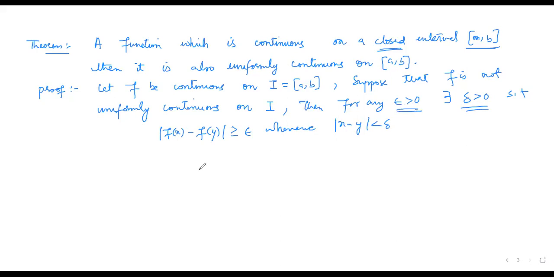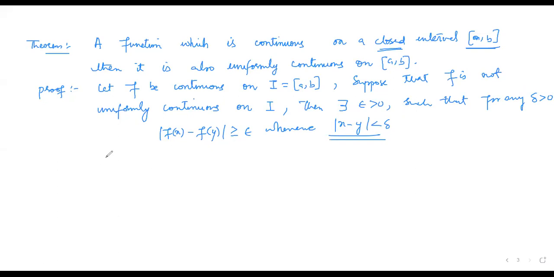Okay, what did I write? No, I wrote it the wrong way around here. It should not be "for any epsilon positive". Negating the definition, there should exist some epsilon positive such that for any delta positive, this is true.